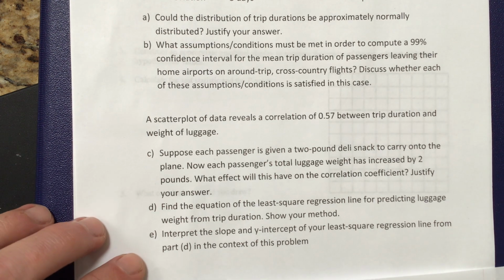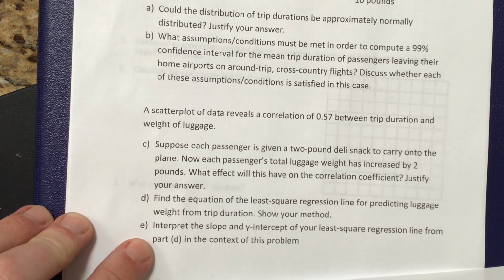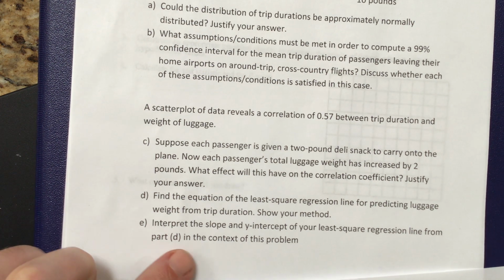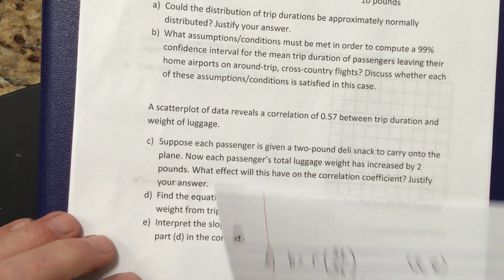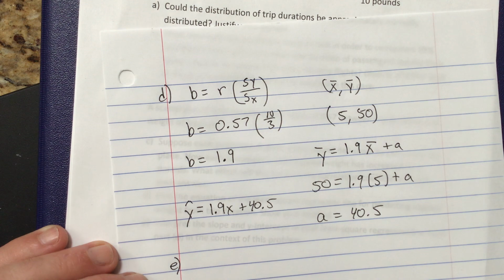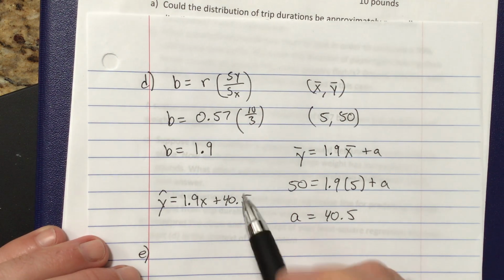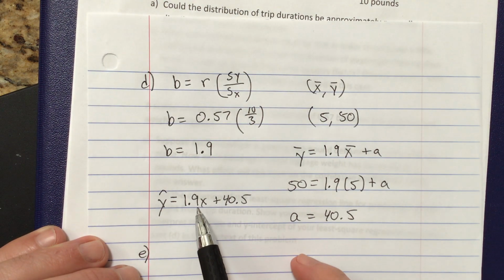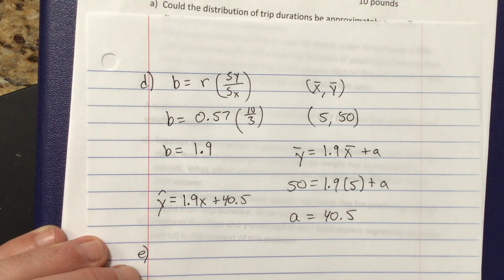Final question. Interpret the slope and y-intercept in context of the problem. Okay, so let's take a look. Our slope is 1.9. So that's 1.9 days, right?